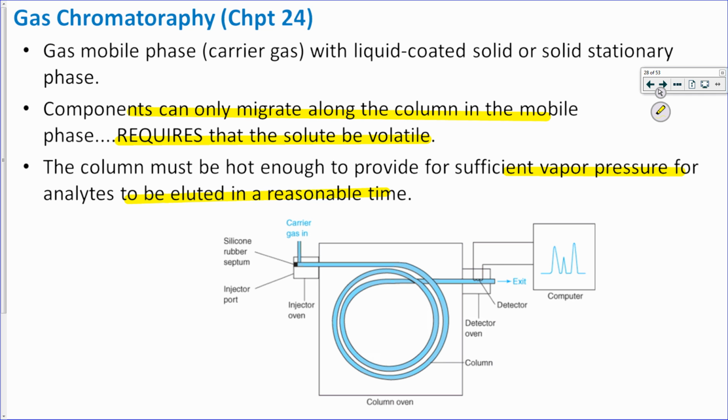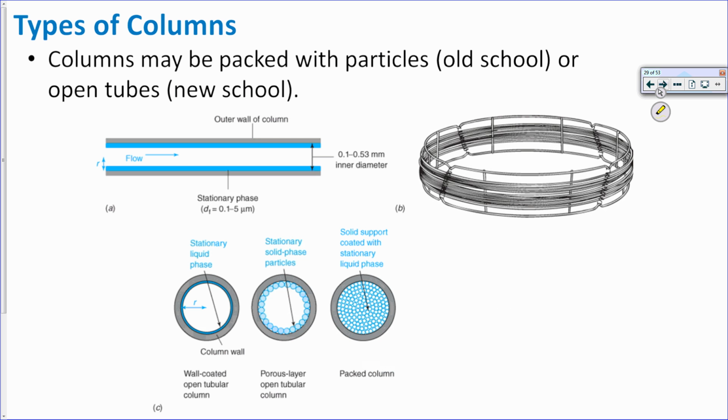And the hotter it is, the higher that vapor pressure becomes, and the quicker it's going to escape from the surface into the gas phase. So that's what we do with the GC column: we get up closer to the boiling point to allow it to escape into the gas phase easier. Typically, you're going to run your column around 50 degrees less than the boiling point. That's a typical temperature that you might run.